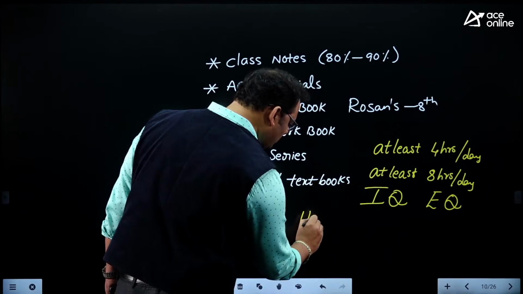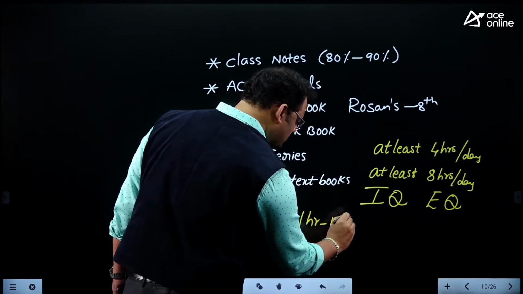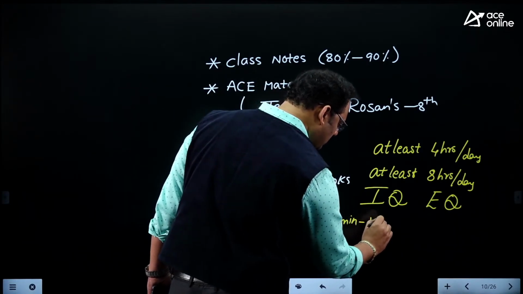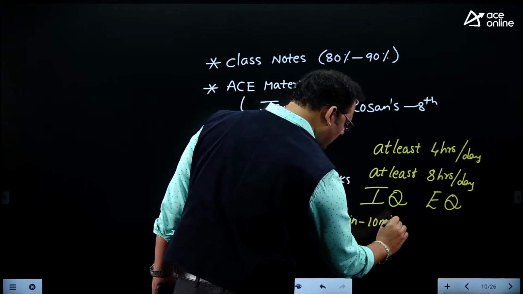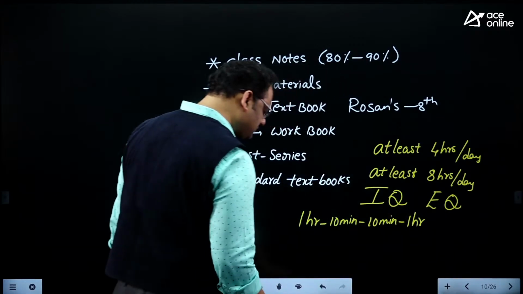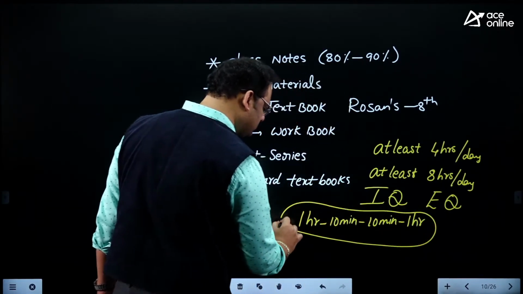After 1 hour, you can take a 10 minute break and 10 minutes of revision, and again go for the next 1 hour of preparation. You can follow the cycle in this pattern.